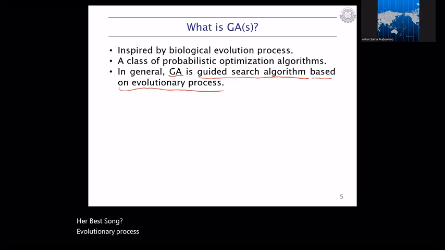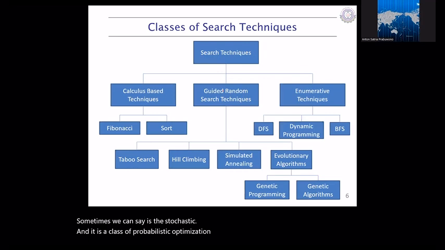So GA is still under the search algorithms, but it is guided. Sometimes we can say it is stochastic, and it is a class of probabilistic optimization algorithms. So this is in the class of search techniques.